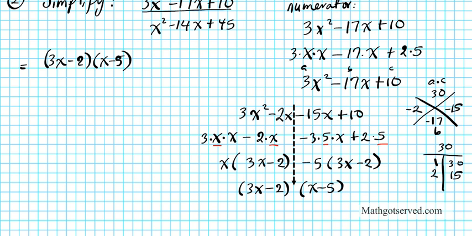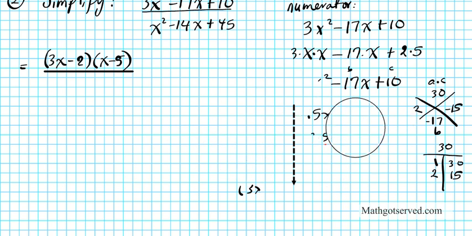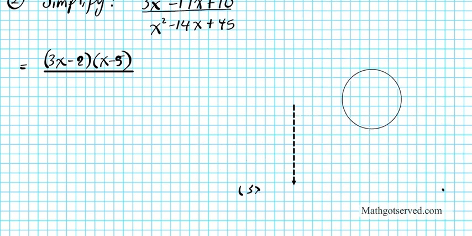Alright, now let's switch our attention to the denominator. We're going to apply the same factoring process to the denominator. So if you take a look at the denominator, we have x squared minus 14x plus 45.